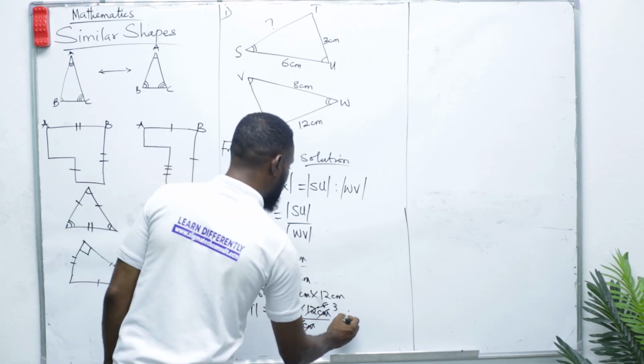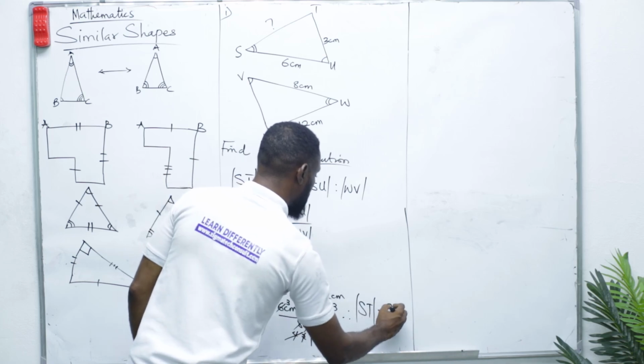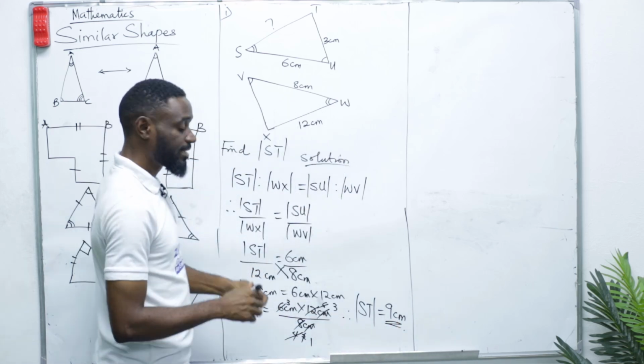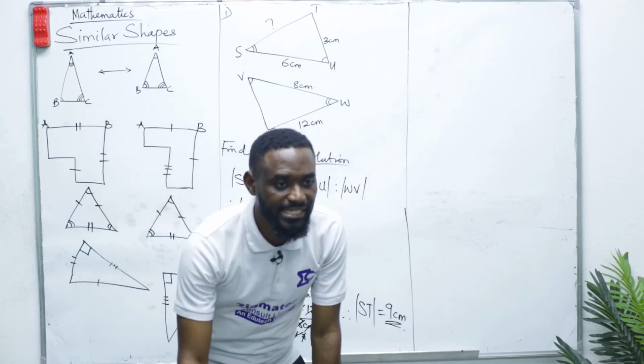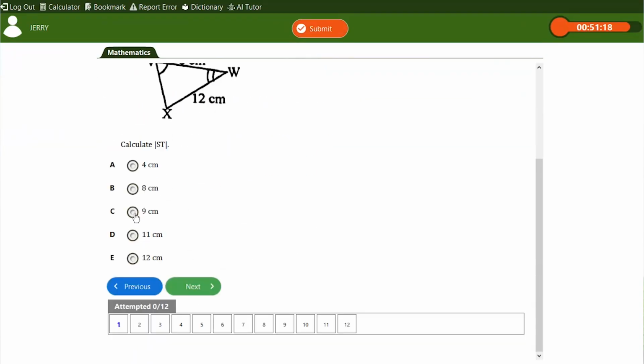So therefore line ST is equal to 9 cm. So our ST, as they asked us to find, is equal to 9 cm, which is option C. All right? We go to the next one.